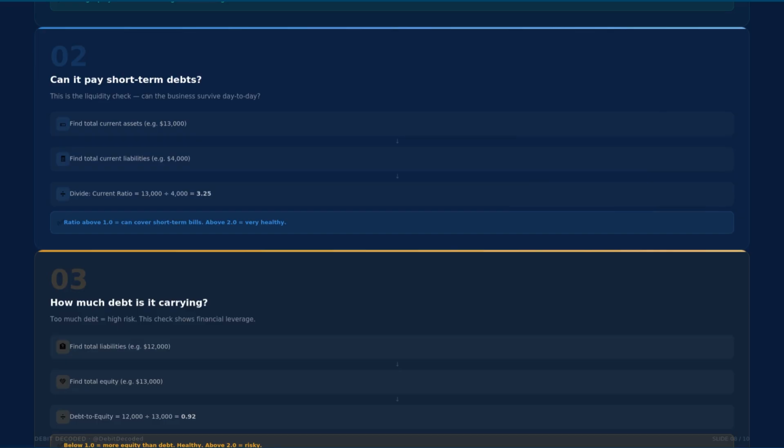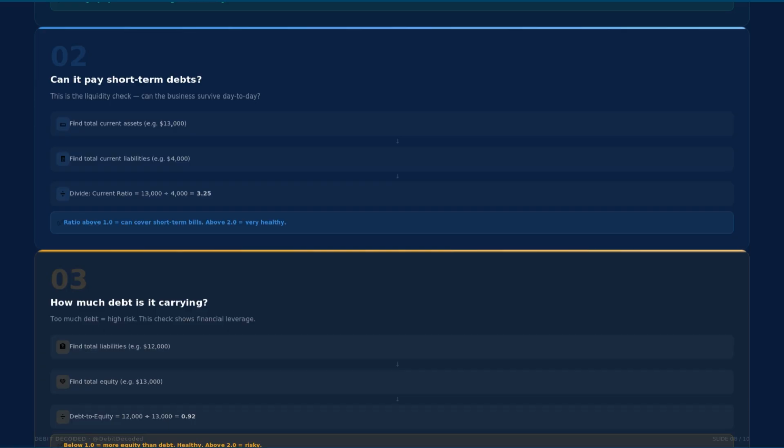Number 2. Can the business pay its short-term debts? Look at current assets and compare them to current liabilities. If current assets are higher, the business can cover its short-term bills. This is called liquidity. And it matters a lot. Number 3.